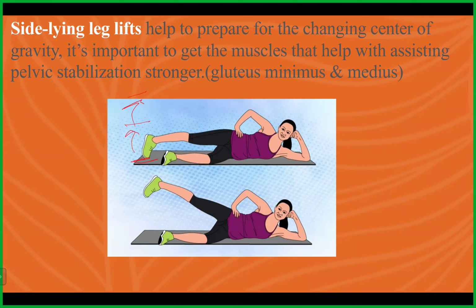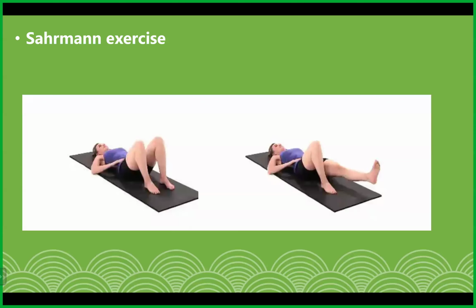So next we're going to talk about Sahrmann exercise. You can note down this name. If you search this in Google, there are too many types, like how we have our SLR1, SLR2, SLR3, SLR4. There is a group of exercises for Sahrmann exercise also. I'm telling you the one which we can follow to a certain extent in our OG. This is the initial position.